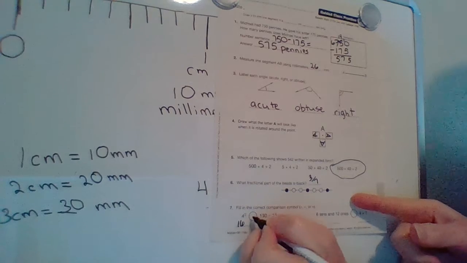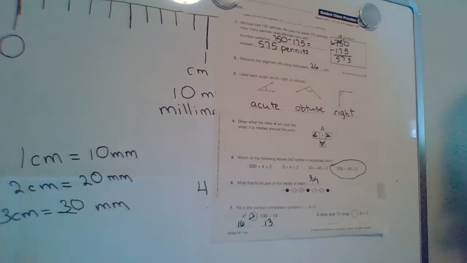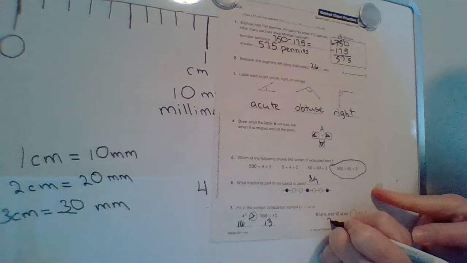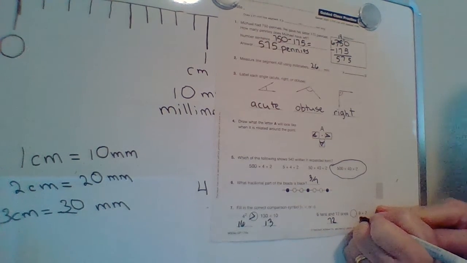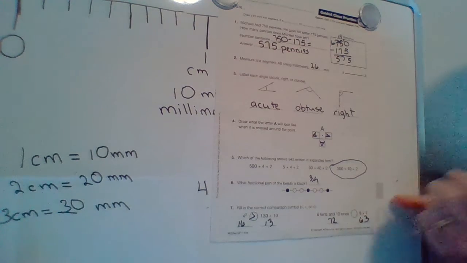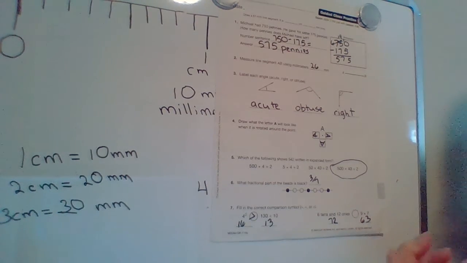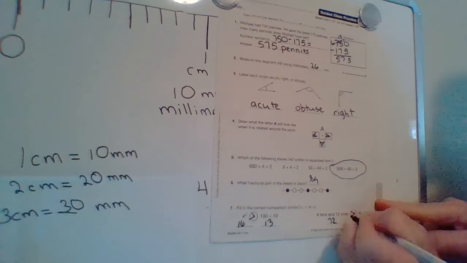So now we have to write the comparison symbol. Okay, 6 tens and 12 ones would be 72. And 9 times 7 is 63. Okay, well, that is going to be 72 is greater.